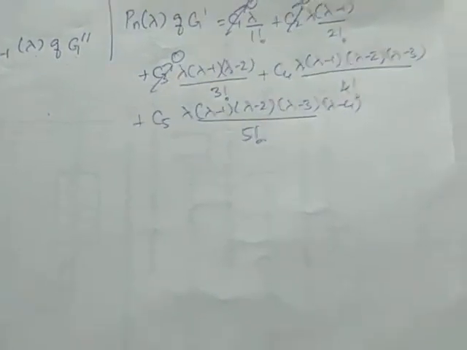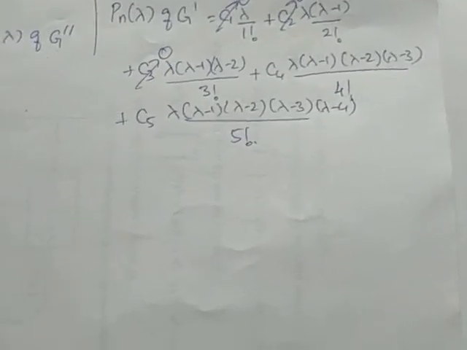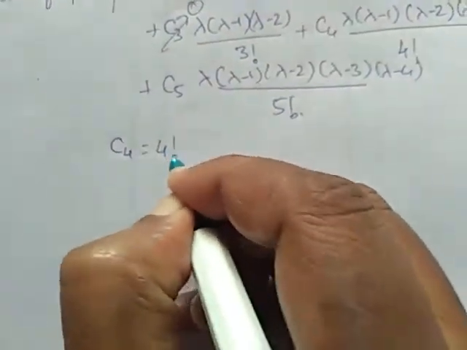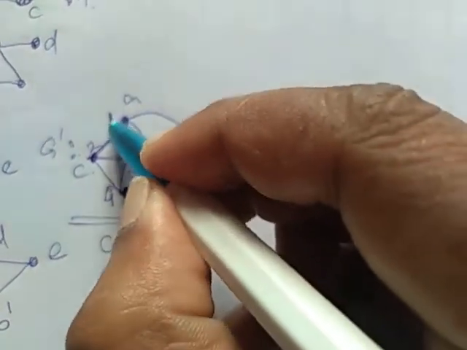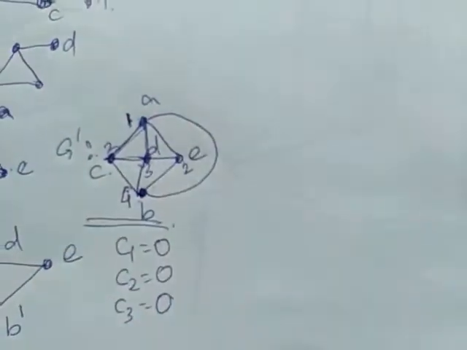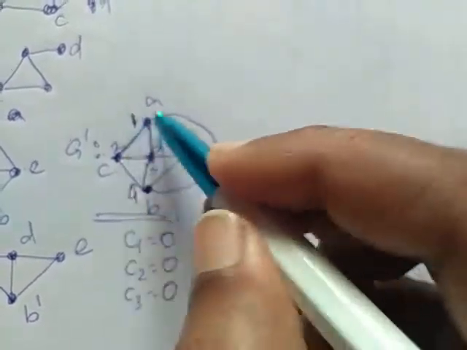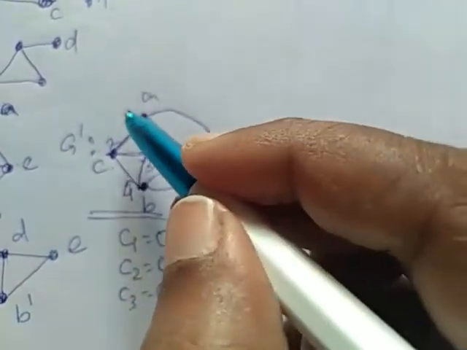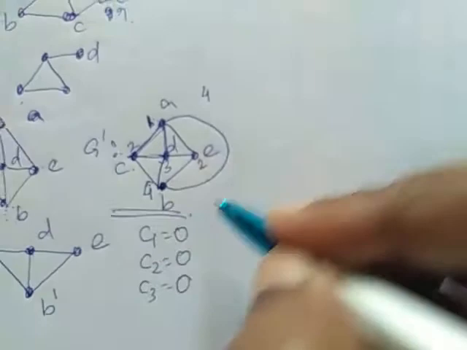So what is C4? Using 4 colors, we can color the graph properly, right? Therefore C4 is 4 factorial. So if we see this graph, I can choose any color here. So I am having 4 colors. Either I can choose first one, second one, third one, fourth one, anything. So here I am having 4 possibilities.